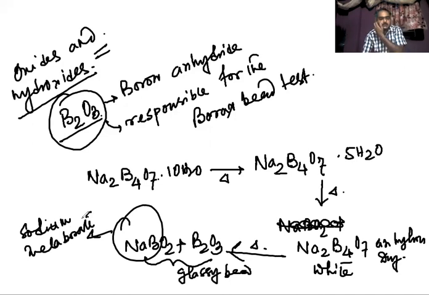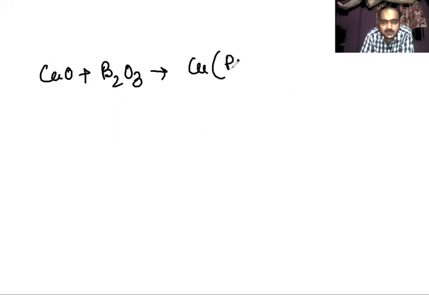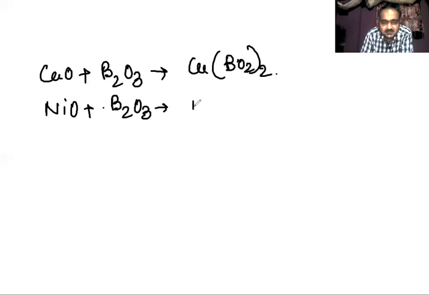What happens now? Whenever you do the borax bead test, you should see here, CuO plus B2O3 will produce Cu(BO2)2, copper metaborate. NiO plus B2O3 gives Ni(BO2)2, reddish brown.